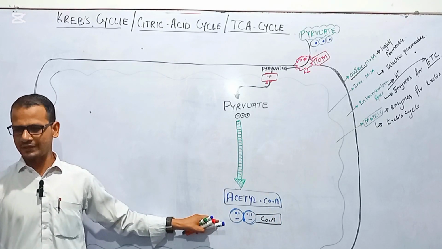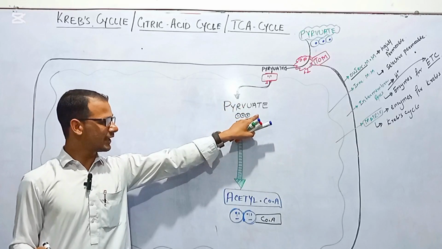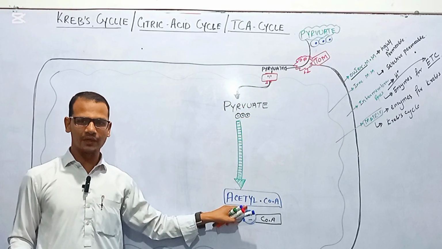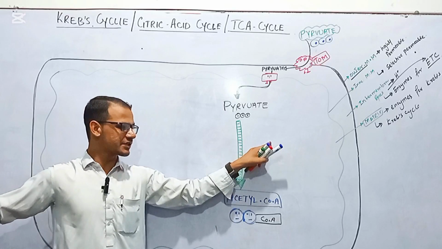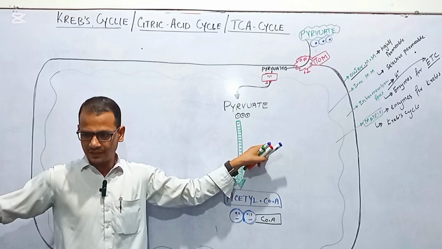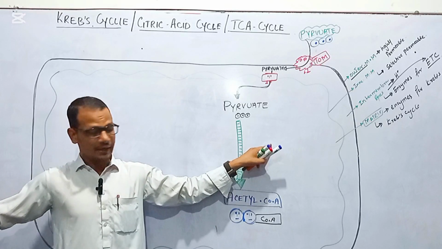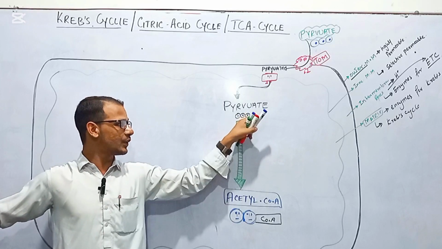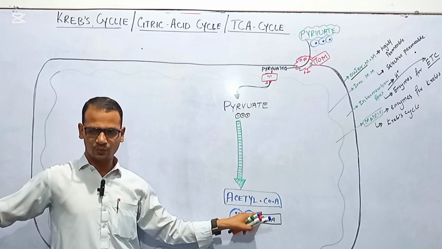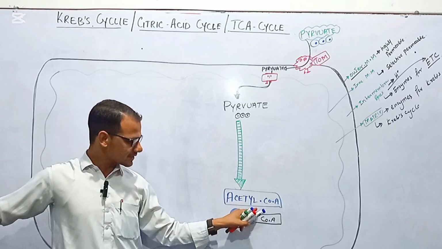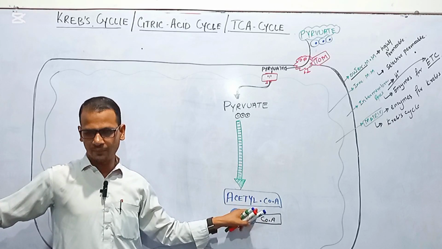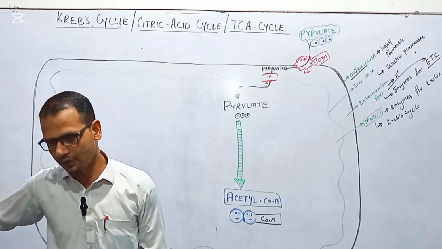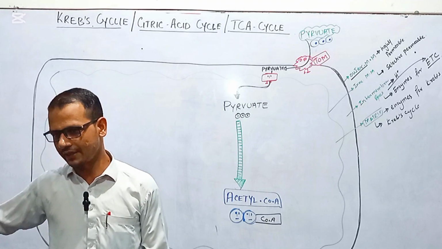Now our topic is how this pyruvate is converting into acetyl coenzyme A, which enzyme is responsible for catalyzing this reaction, and what changes occur on the way when pyruvate is converting into acetyl coenzyme A, because without acetyl coenzyme A, Krebs cycle cannot occur in the mitochondrial matrix, right?